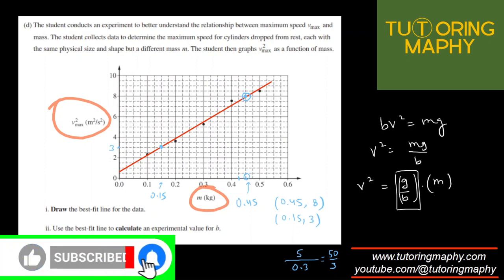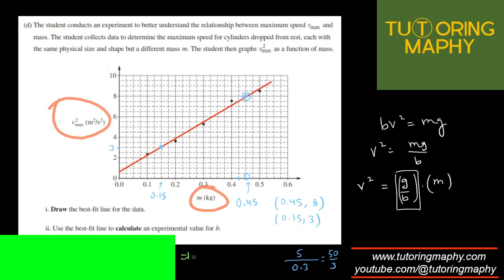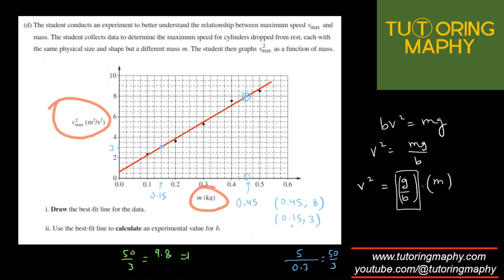G can be taken as 10, or let's call it 9.8. So I'm going to grab my calculator now. 9.8 over the value of b. So the value of b from here comes out as 9.8 times 3 over 50, 0.588.